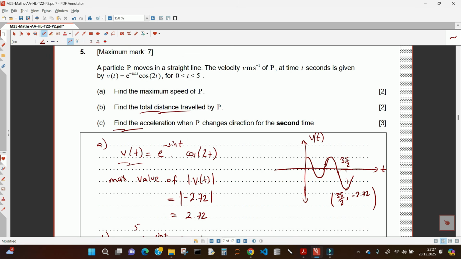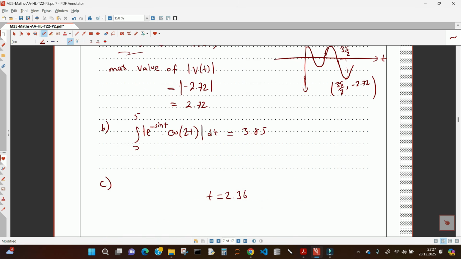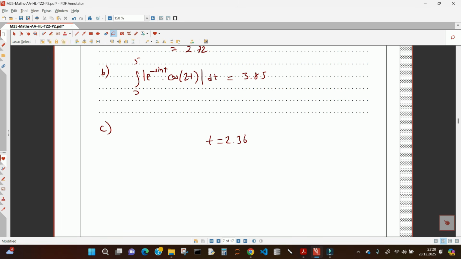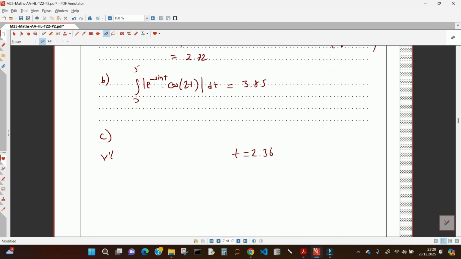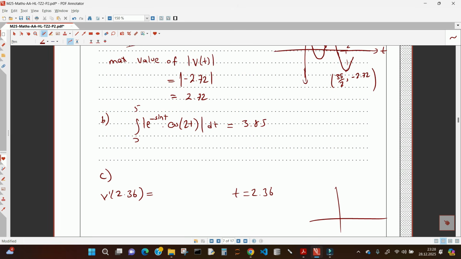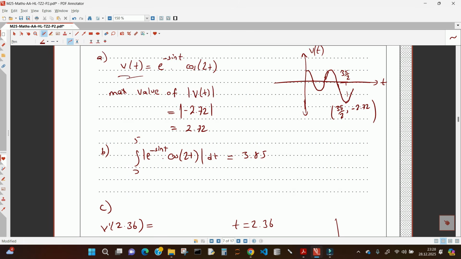But what is acceleration? This is the derivative of the velocity function. So I will check the derivative of this function, or we don't need to write the v prime, we will just calculate this one. And you can mention again that from the graph you found this value.